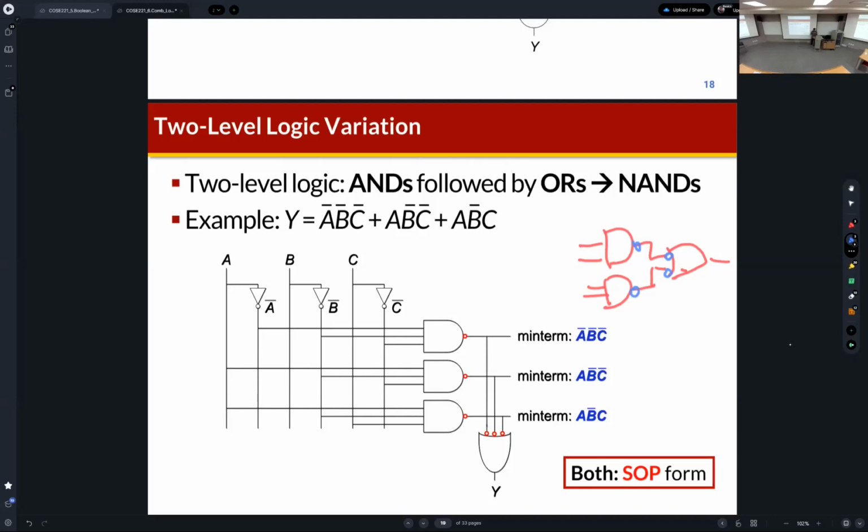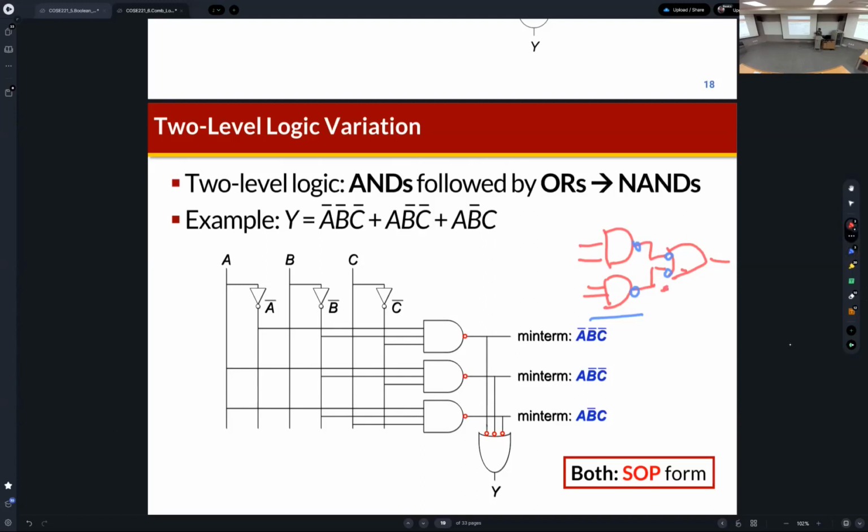Then, this is the AND gate. And what is this? If we apply De Morgan's theorem, the OR gate can be changed into an AND gate with bubbles, so the bubble is here.